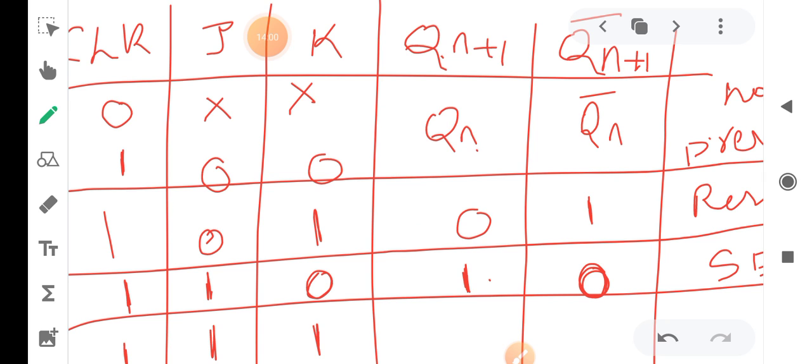That is, Qn plus 1 will be Qn complement, and Qn plus 1 complement will be Qn. So this condition we call the toggling state. This can be avoided by using the master slave flip-flop.